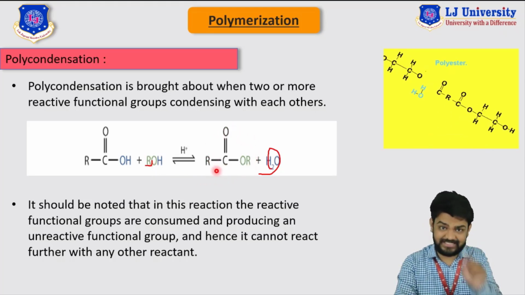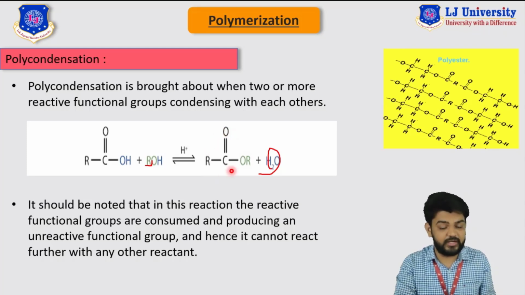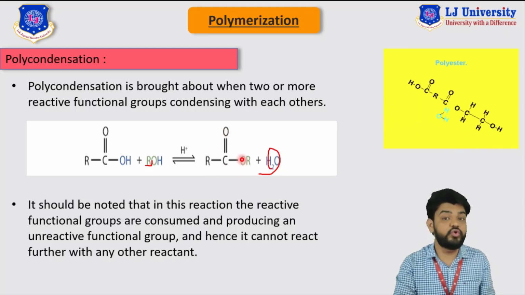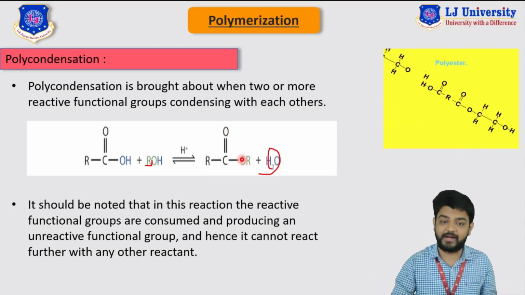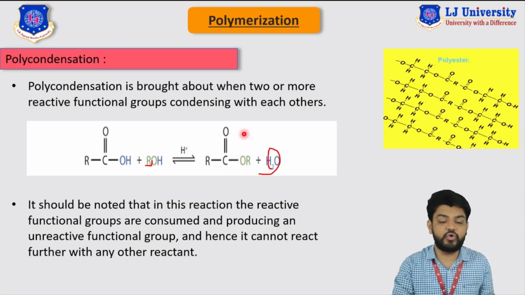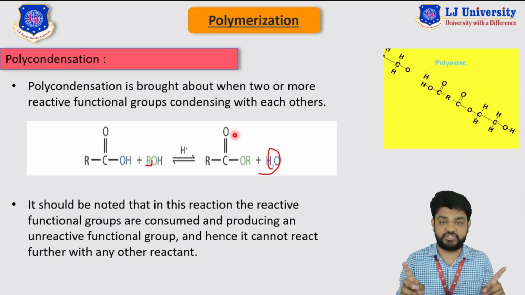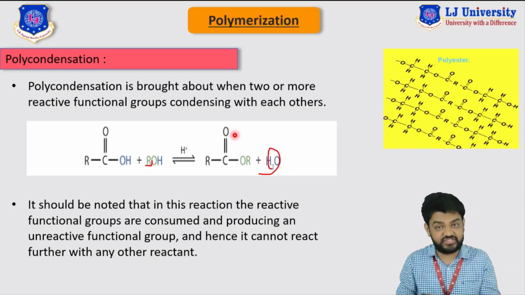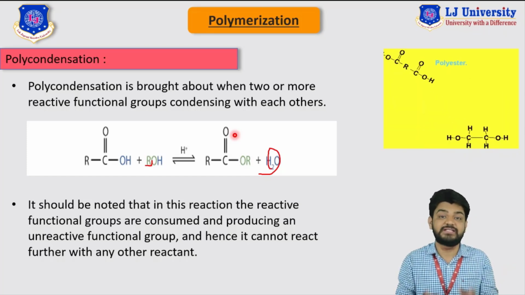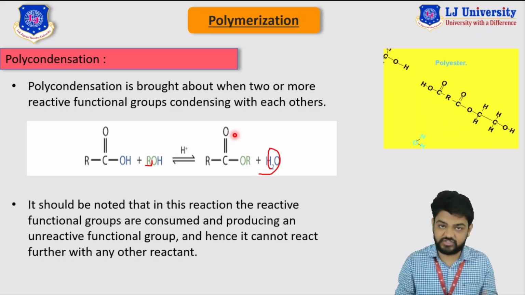But now if you can see this particular component, it does not have any functional group, right? It has COOR, and COOR is not an active functional group. COOH is the functional group, but COOR is not the functional group.